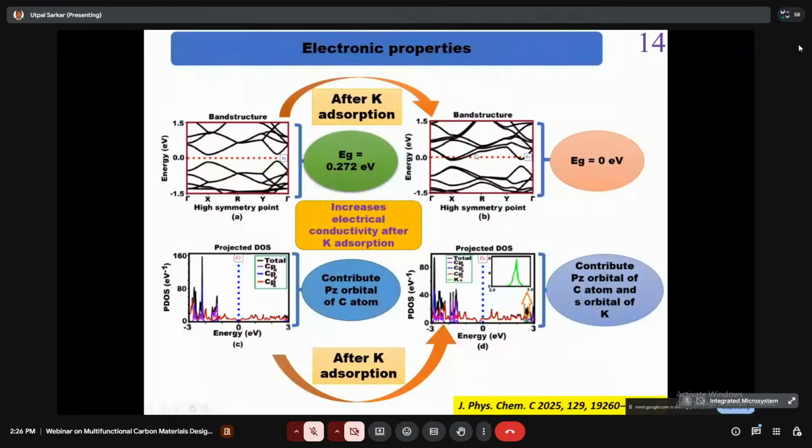So these two bands originate from the pz orbitals of the carbon atoms.